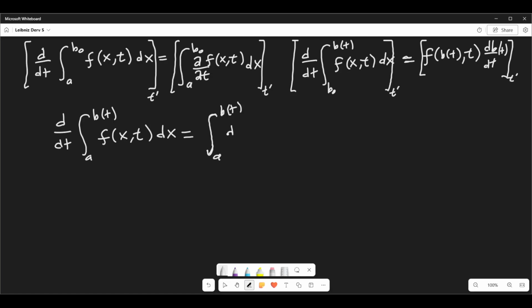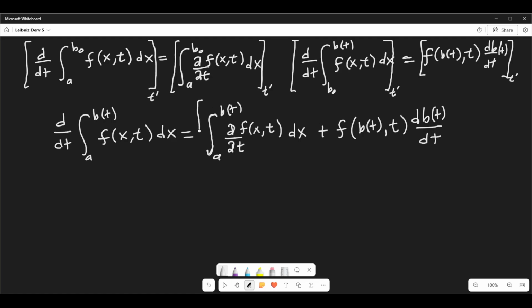of the partial derivative of f of x comma t dx, and then added to it is going to be the function at the boundary, f of b of t comma t, times the derivative of the boundary with respect to time.